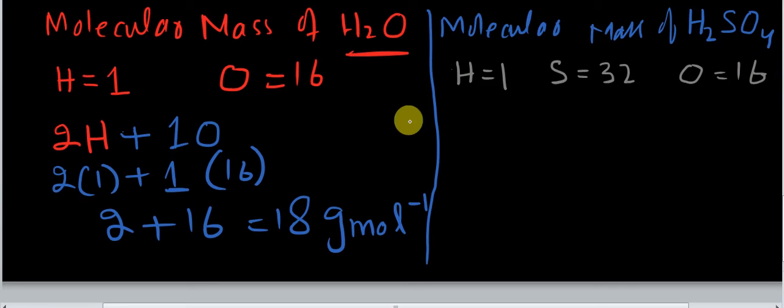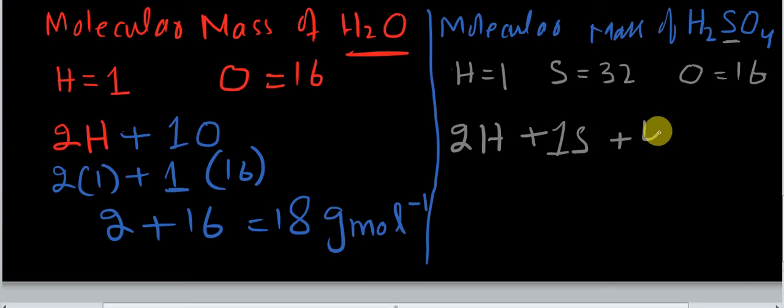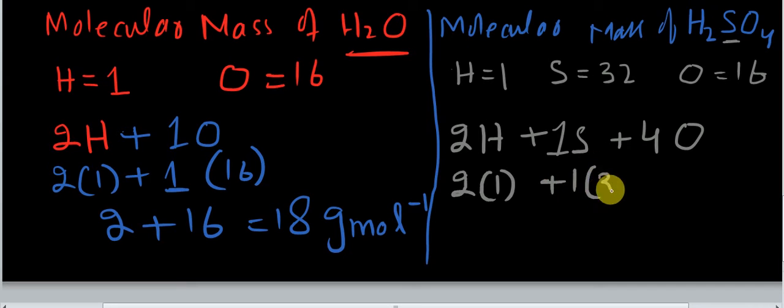So how many hydrogens in the sulfuric acid? 2. So 2H plus how many sulfurs? There is only one sulfur, so 1S. And how many oxygens? There are 4 oxygens, 4O. Hydrogen has 1. Sulfur has 32.